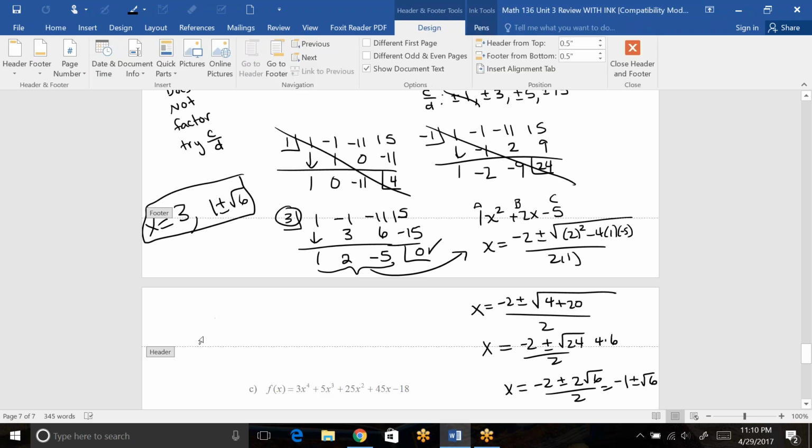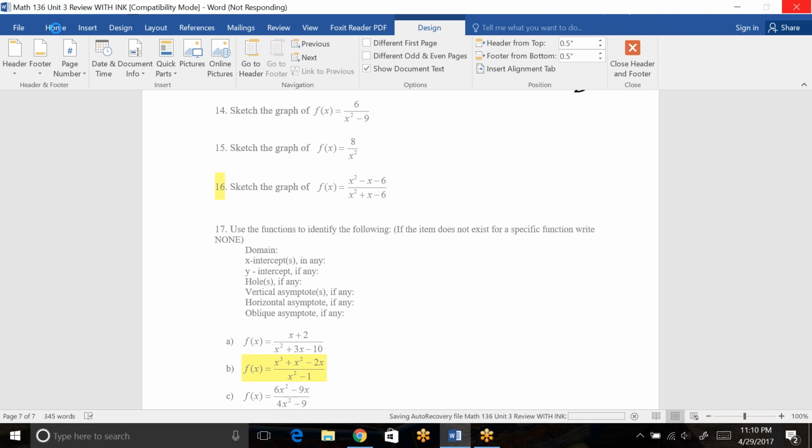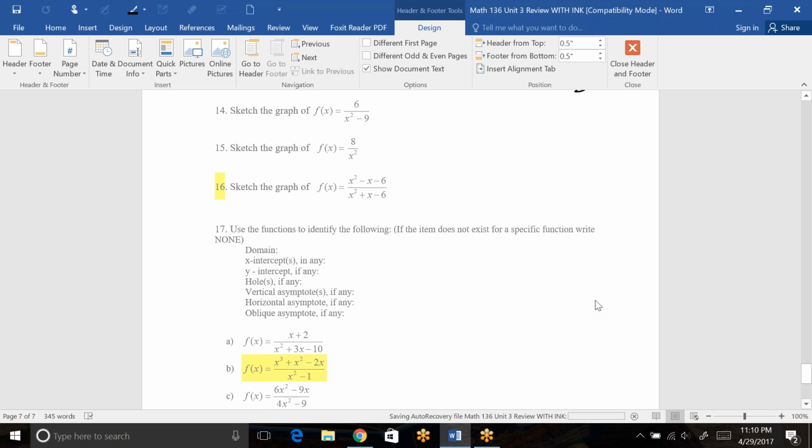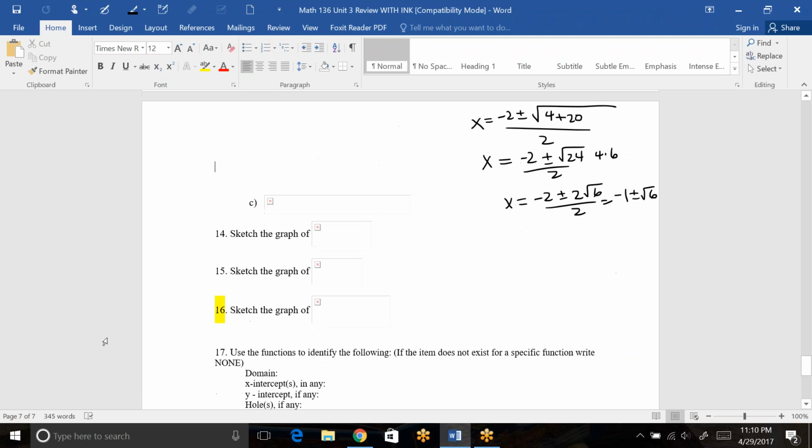All right, so I am going to scroll down. Remember, this will be saved as a PDF, so you can look back and look at my ink markings later. So we are now down to 16. And I don't know why this is messing up, because it doesn't like me. Header and footer, there we go. And now my equations have gone to boxes. That's not helpful.